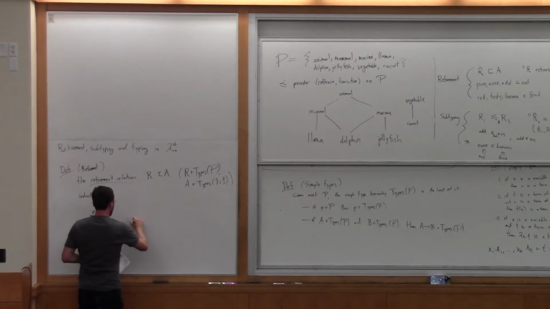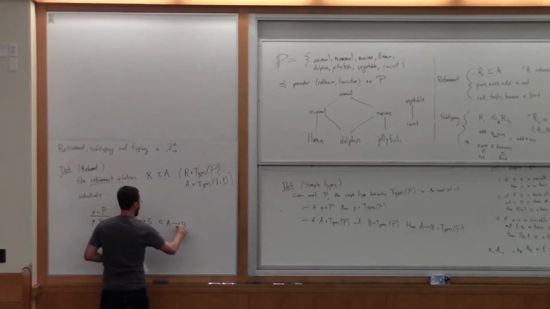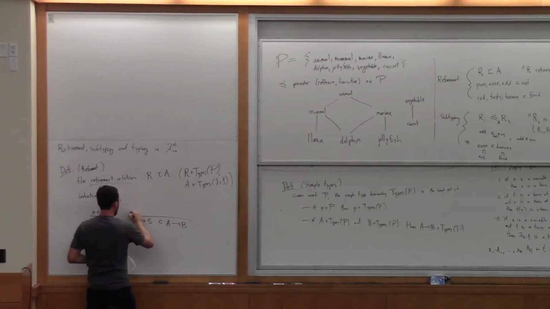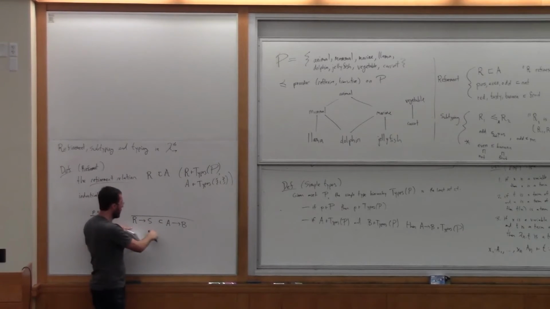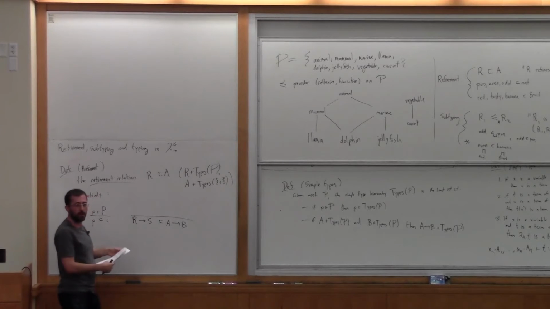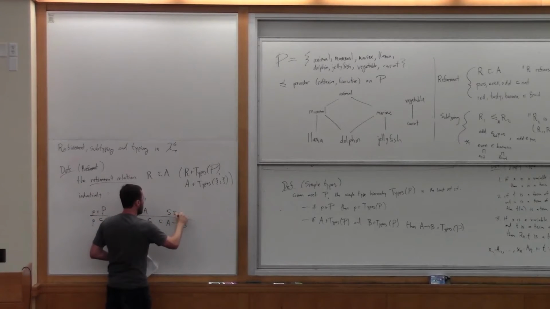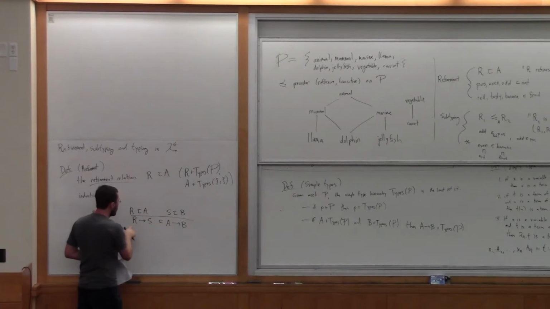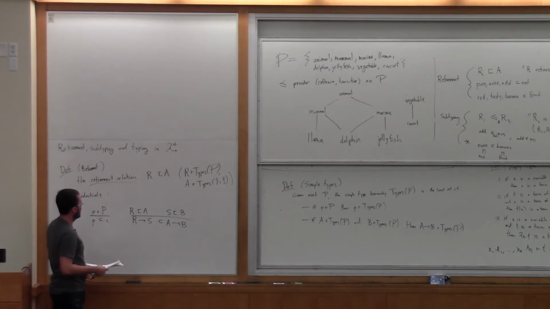Then we're going to say that an arrow type R arrow S refines an arrow type A arrow B. Well, what do you guess this should say? We're going to say, when R refines A and S refines B, then the arrow type R arrow S refines the arrow type A arrow B.